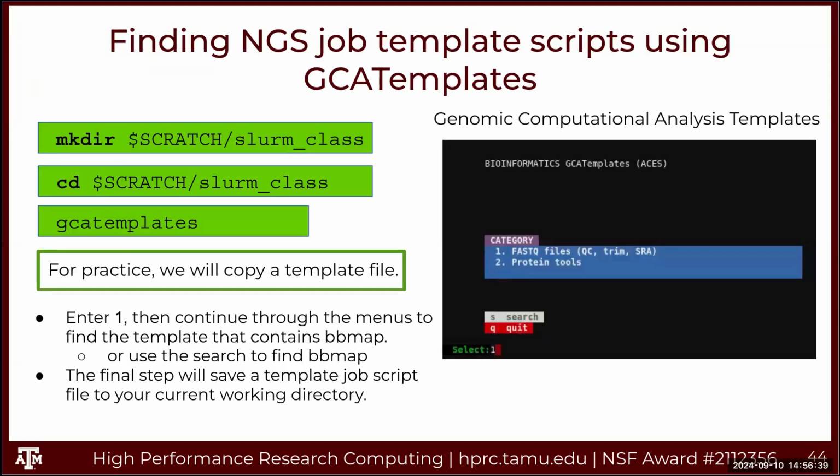All right, so what we're going to do now is submit a job, and we have an application called GCA templates. This GCA templates has a number of example job scripts that you can run. The job scripts are configured with example data, example commands, example sbatch parameters, all configured. So really all you need to do is just submit the job.